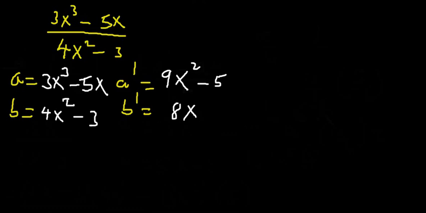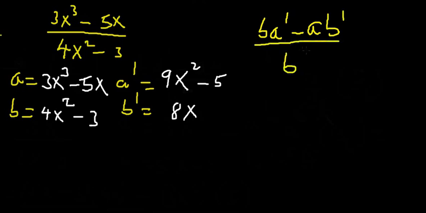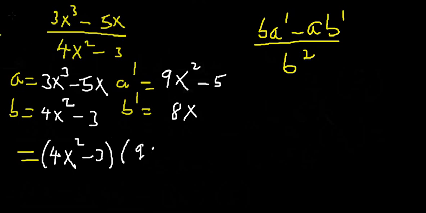So as we said, the quotient formula is b a prime minus a b prime all over b squared. So we are going to substitute this in this formula. So we have b as 4x squared minus 3, and then a prime is 9x, let me write this properly.